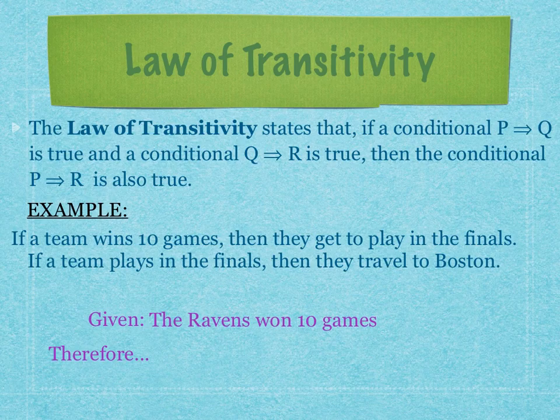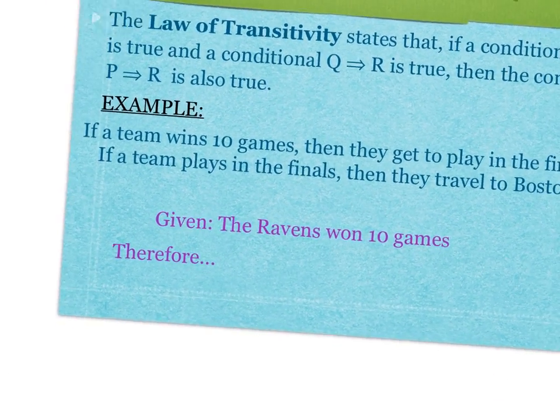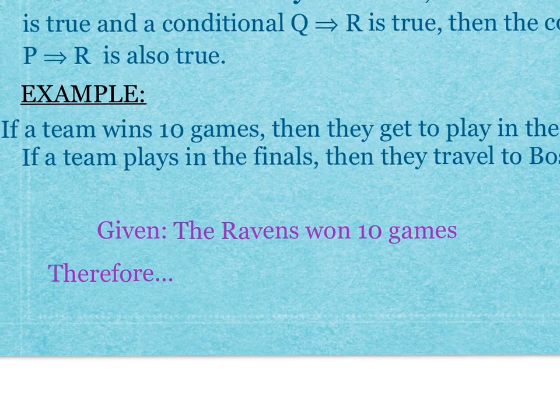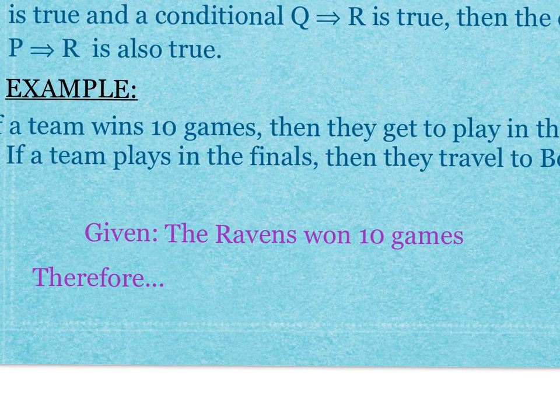And I'm going to take a quick second and diagram these out because, again, I think that's an important step in these problems. So if I win 10 games, then I get to go to the finals. By the way, you should be writing this down too. And if I go to the finals, then I get to travel to Boston.